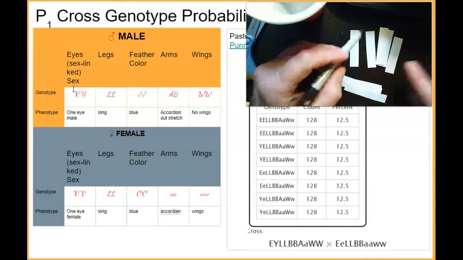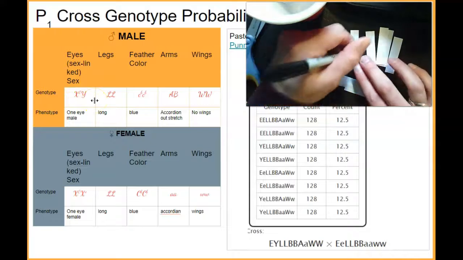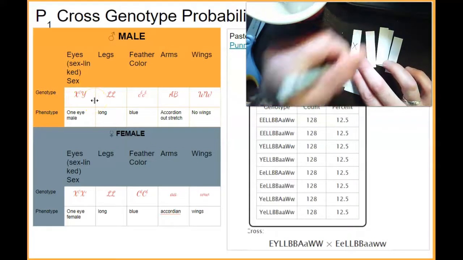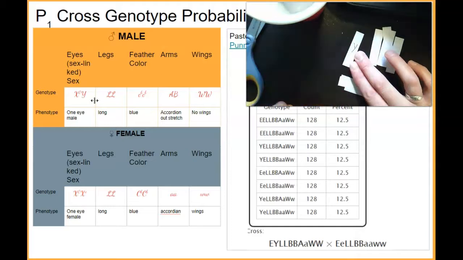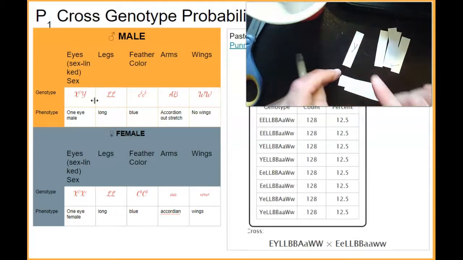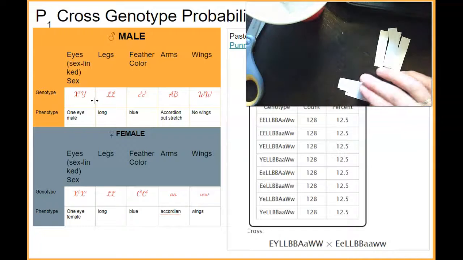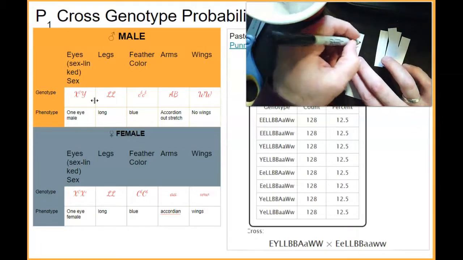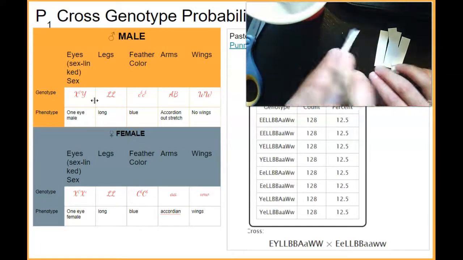All right, so the male, as you can see, has a chromosome, an X with a superscript E, and a Y. We know that males have the Y. All right, so X on one side, Y on the other. That gives us 50-50 chance, no matter how that card lands, right? Whatever's showing up is the allele that I'll have, right? Not only is it X, but it also has a superscript big E on it. All right, so that's X, Y.